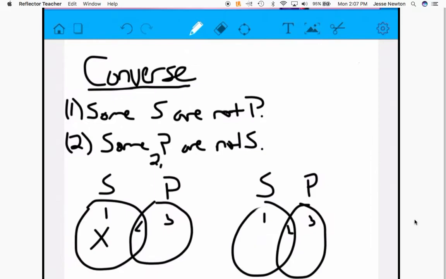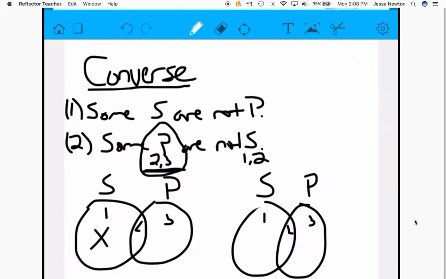It is 2 and 3, and S is 1 and 2. So what you're doing here is you're focused on this. You're always focused on what's in the subject term. Whatever comes in the subject, the first part of the sentence, before the copula and after the quantifier, whatever comes there, those are going to be the only regions that you will shade or you will put an X in.